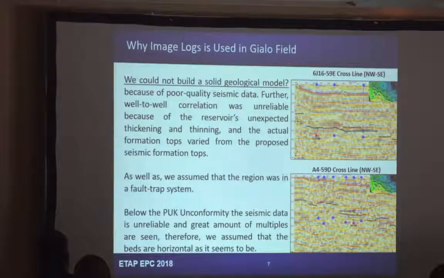We couldn't build a solid geological model in Jado area because of the Beckett unconformity, what we call BUK, the pre-Apparentitious unconformity. It's difficult to pick the horizon of the BUK due to the poor quality of the seismic data, and we assumed that the region was a fault trap and the beds were horizontal, as it seems to be.